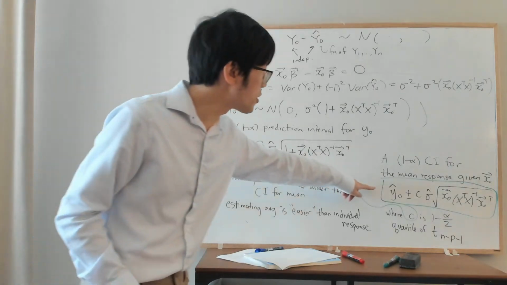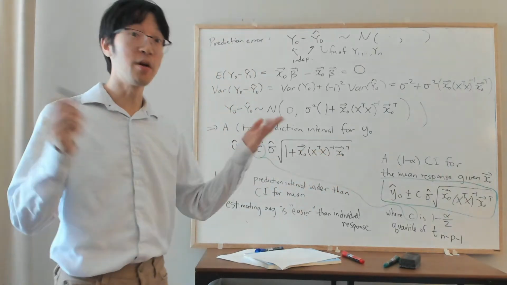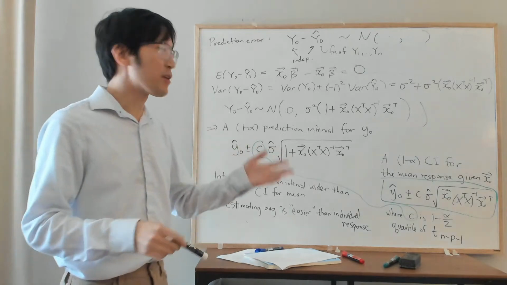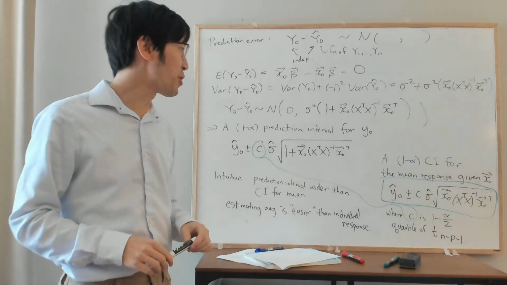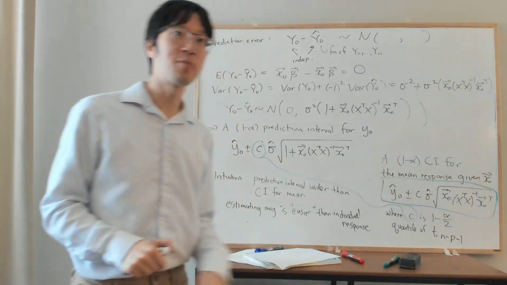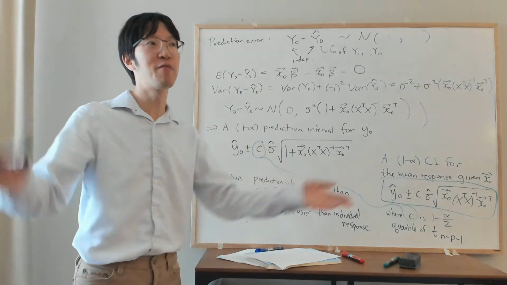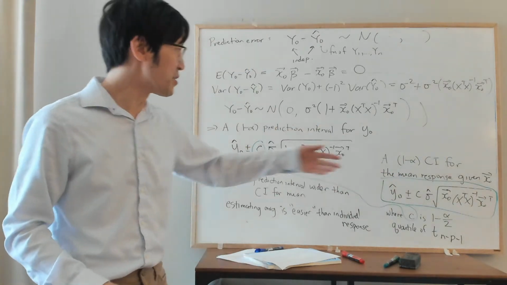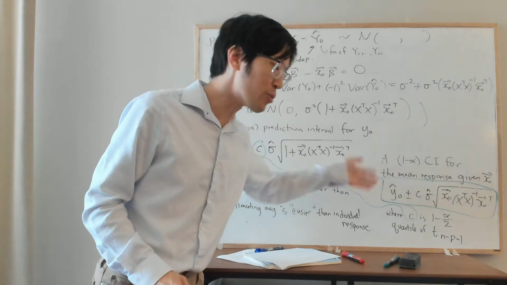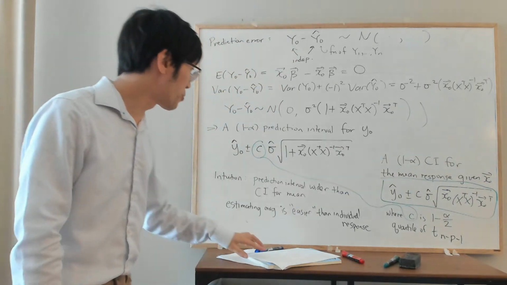Okay, so this one represents hypothetically, if I had like 100 new people with all the same values of x, and I want to estimate the average of those 100, then that's what the mean response confidence interval would represent.